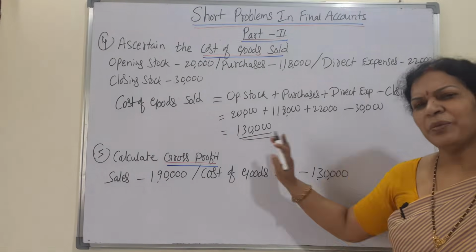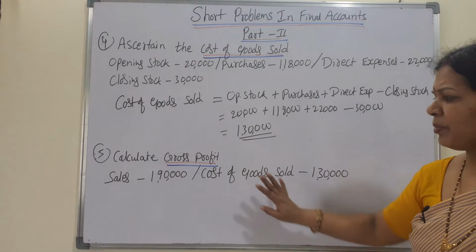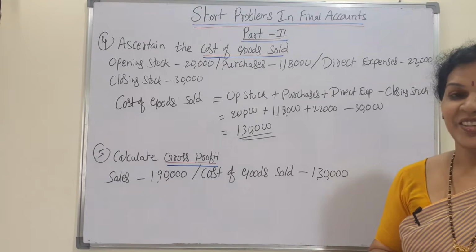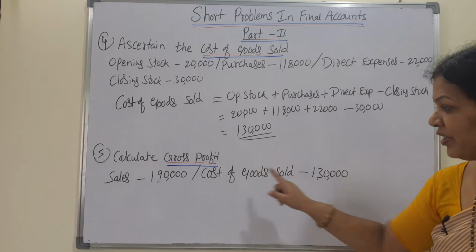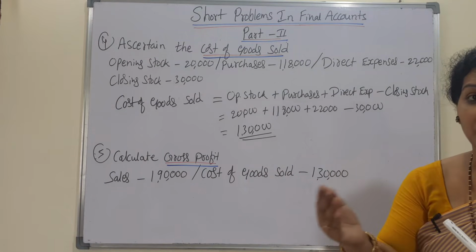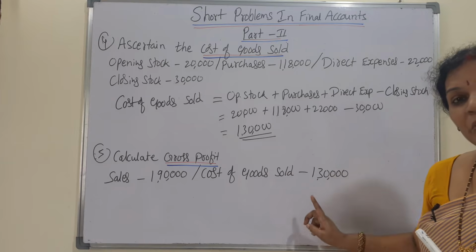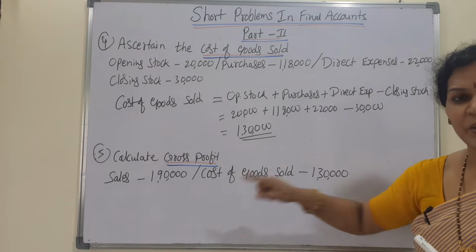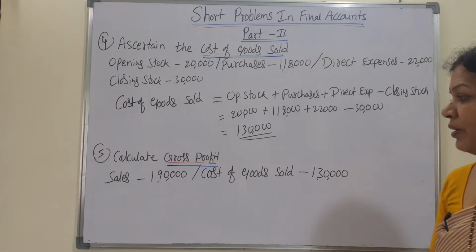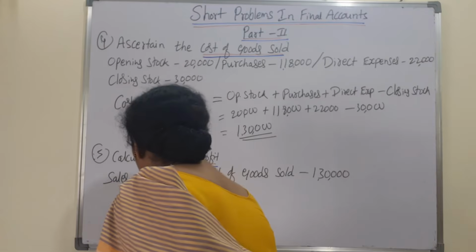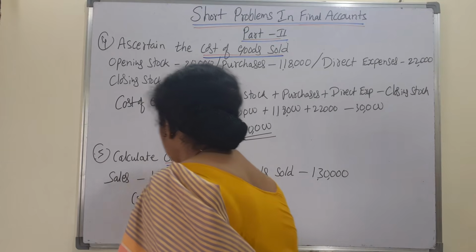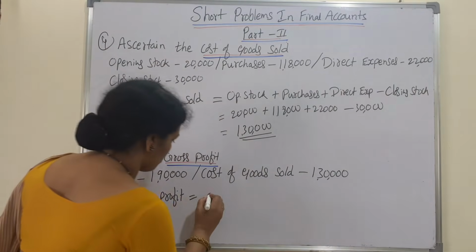This is one problem. Another problem related to the cost of goods sold, in a simple problem, short bits you may expect this problem. Calculate gross profit. To know the gross profit, only two items are given, sales and cost of goods sold. Sales, at what rate you have sold. Cost of goods sold, exactly what is the cost. Sales minus cost of goods sold will be the gross profit. Simple logic, so we'll apply the same thing. Gross profit is equal to sales minus cost of goods sold.